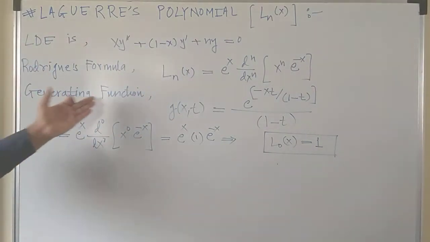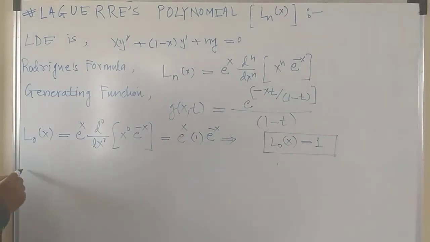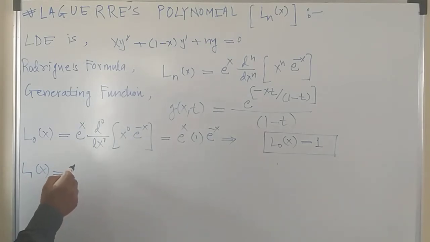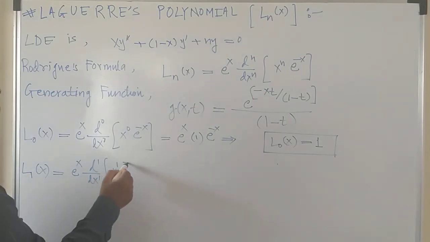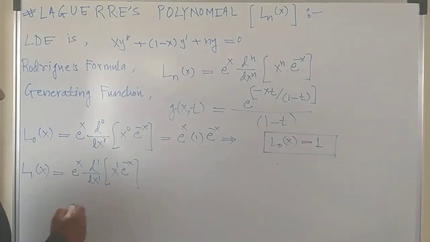So we got the first Laguerre polynomial by using the Rodriguez formula. Similarly, you can also obtain it by using the generating function. Let us obtain the next one, L1 of x. L1 of x can be obtained by putting n equals 1 into the Rodriguez formula, and this gives e raised to x into the first derivative of x raised to 1 into e raised to minus x, right?